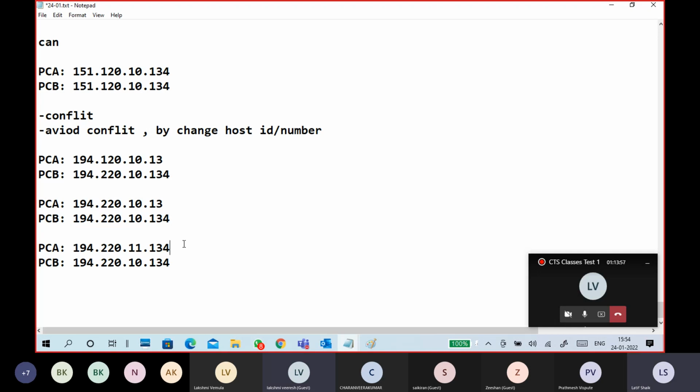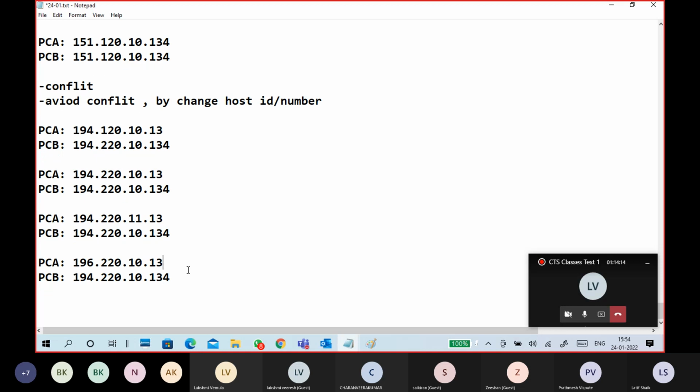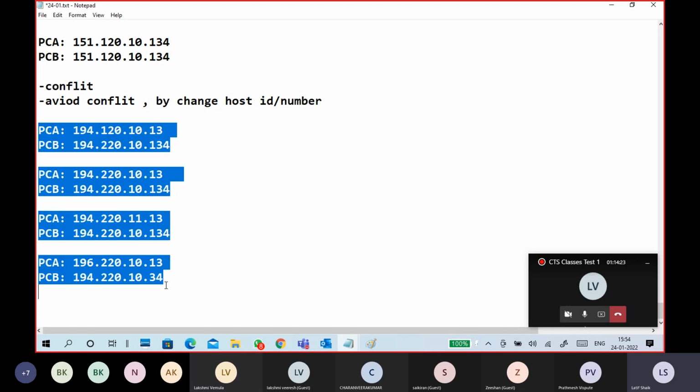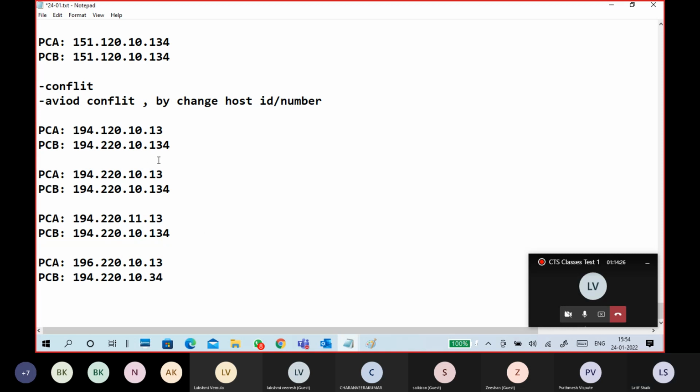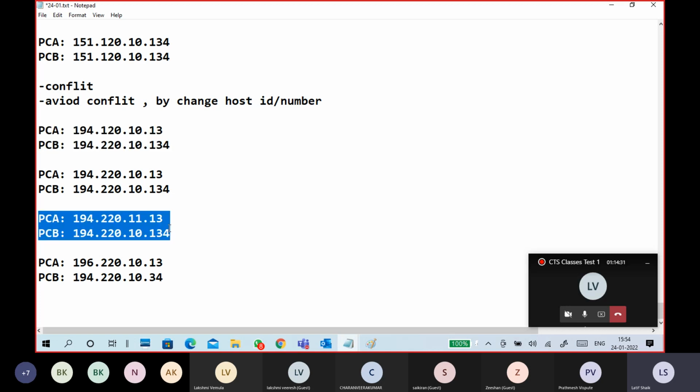Now, no sir, again the network portion is different in this octet. Now the network portion is different. So these all won't communicate with each other, but this configuration will.